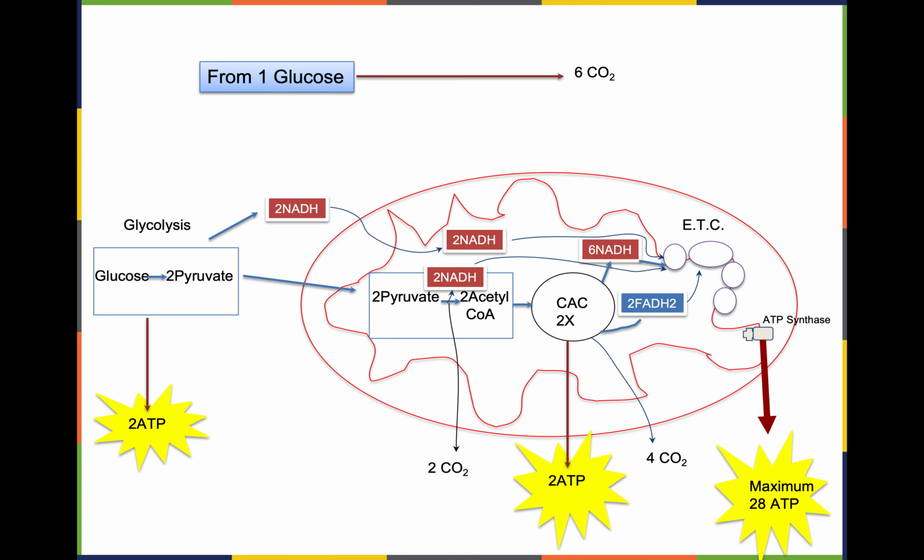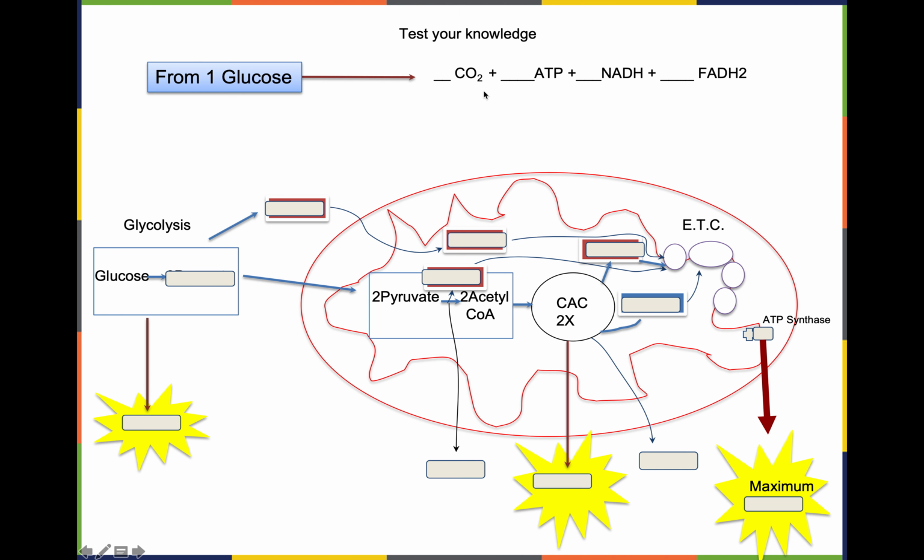We also talked about CO2 being produced from one glucose molecule. We're going to get 2 CO2 at the pyruvate oxidation stage and 4 CO2 at the citric acid cycle. Again, per glucose, 4 plus 2, that's 6 carbons that we obtain from this one 6 carbon molecule of glucose.